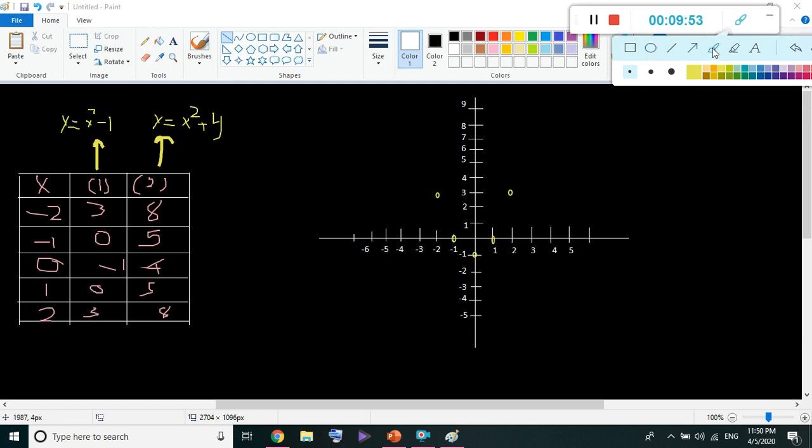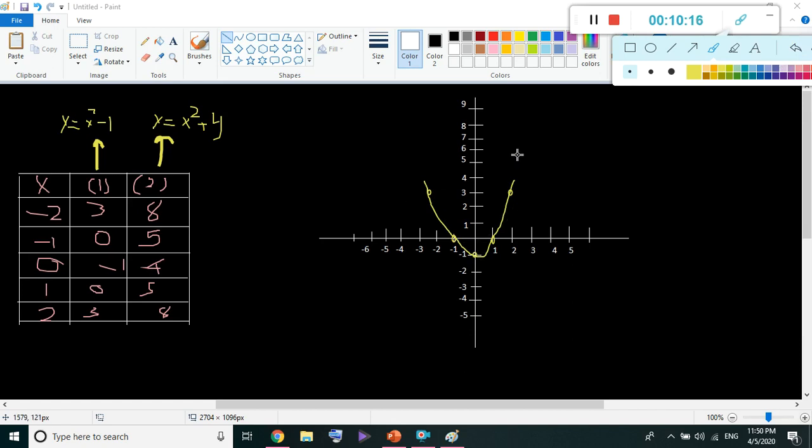So let me now put them all together. It's going to be this way. It's a parabola, okay, because it's x squared, so obviously it's going to be a parabola. Let me just try drawing it again properly here.